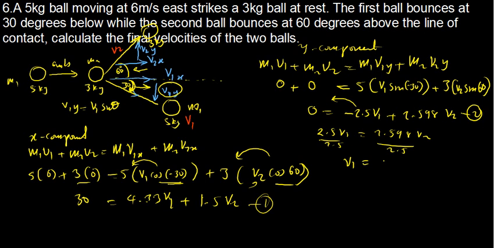I'm getting about 1.039 v2. So in this equation where there is v1, I'm going to replace with that portion. So what I'm having is, okay, now I can clean up space.